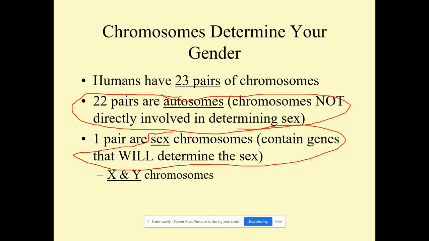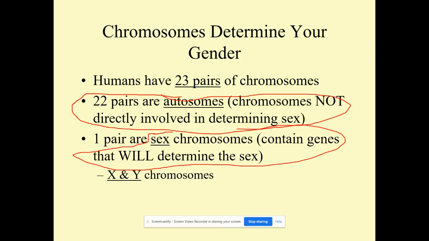It's obviously not the exact same alleles, but the information on them is the same. AJ has a gene for hair color on his chromosome 10. Well, so do I. Those autosomes carry the same information for everybody. They have, again, nothing to do with determining your gender.